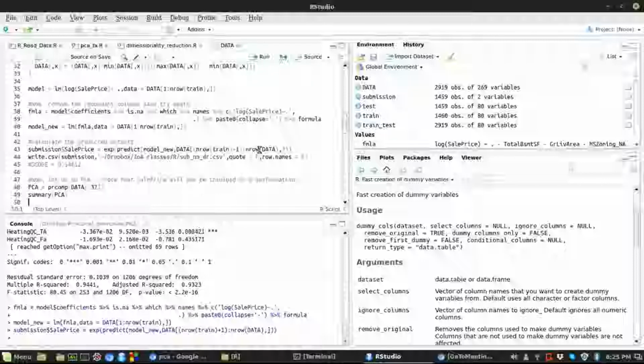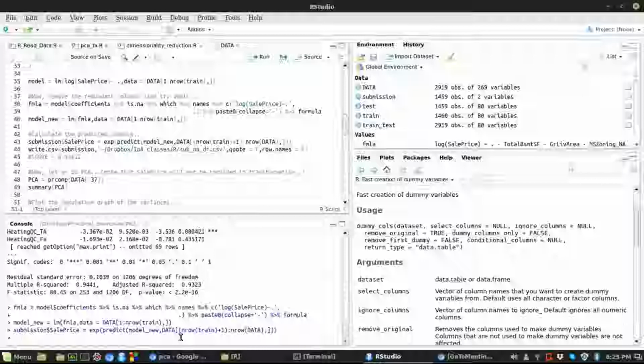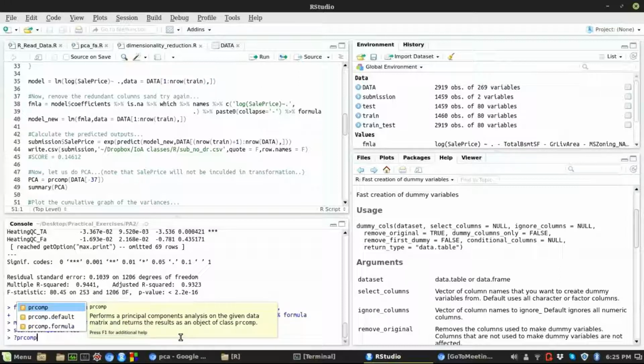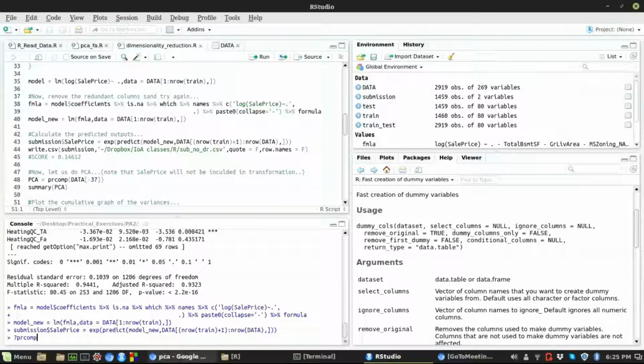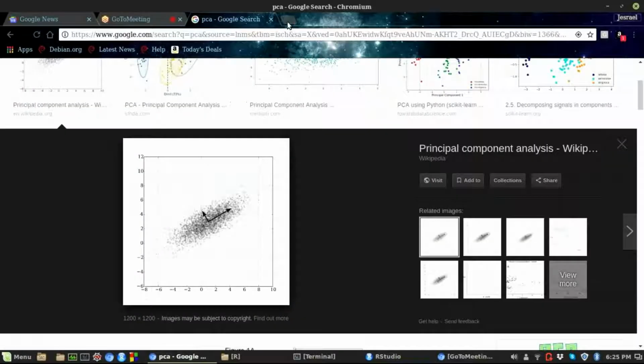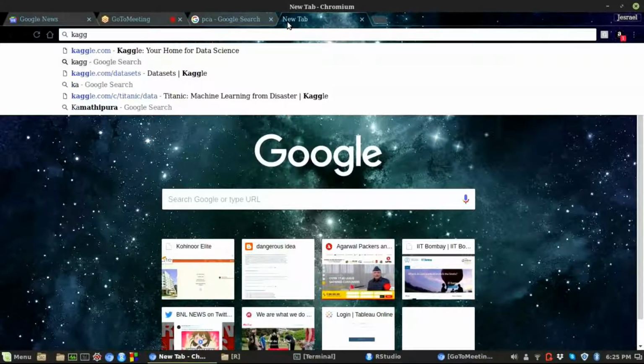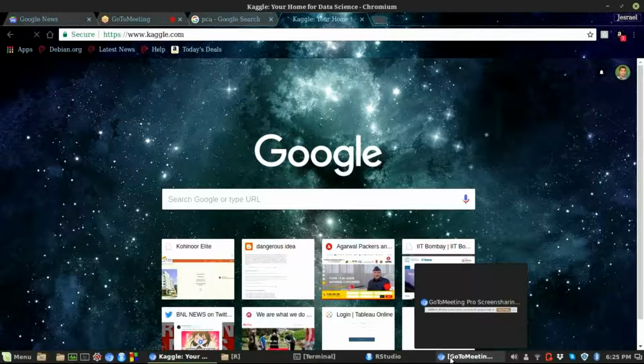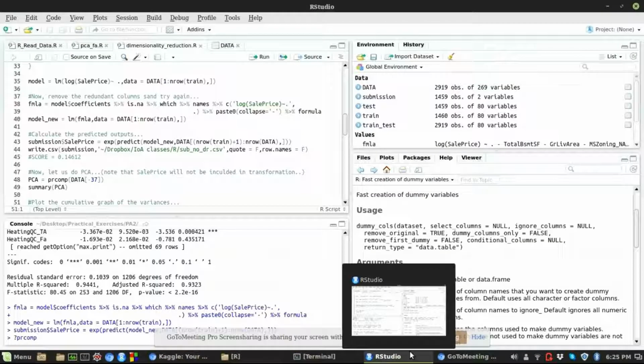Now there are a lot of functions and packages for doing PCA. This is called PR comp. What does the score indicate? If you remember, the score in Kaggle, how do you measure the accuracy? For this linear regression, they are using root mean square error, right? That is the score they are using.